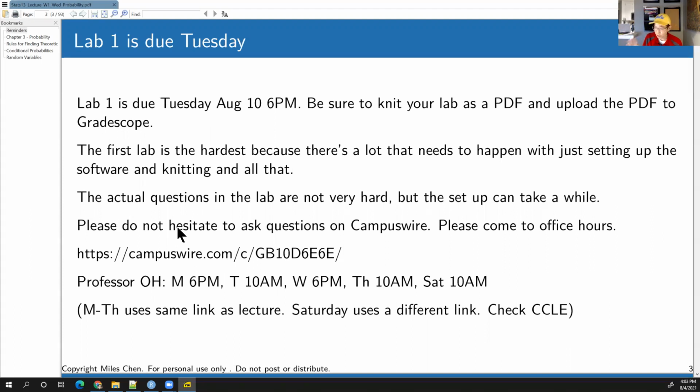The first lab is the hardest one. Not because the lab itself is hard, the questions themselves are easy, but there's a whole lot going on with setting things up, right? Maybe some of you have worked with R before, but probably 98% or 99% of you have not.